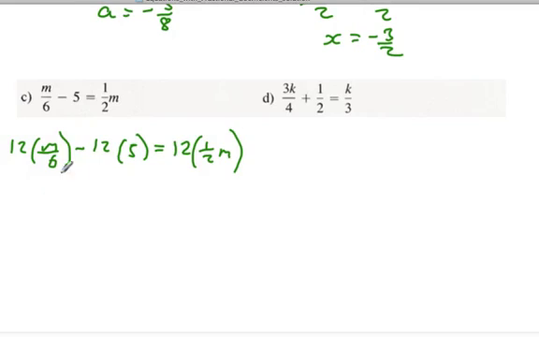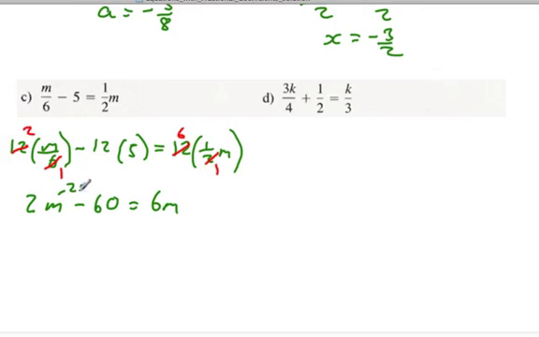Now simplify. 6 goes into itself once and into 12 2 times. And 2 goes into itself once and into 12 6 times. So this is 2m minus 60 is equal to 6m.